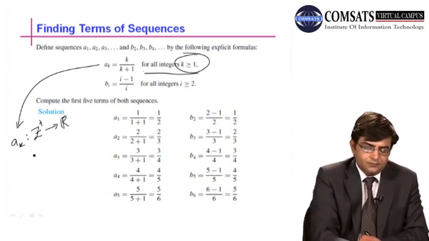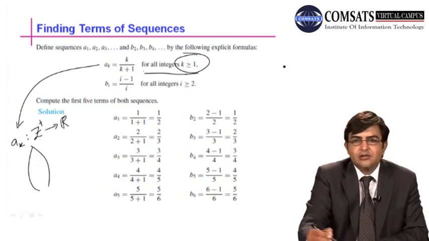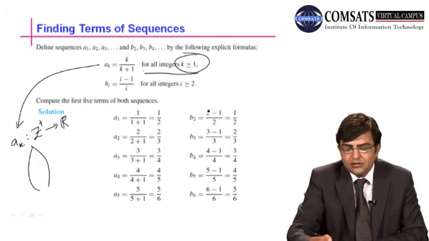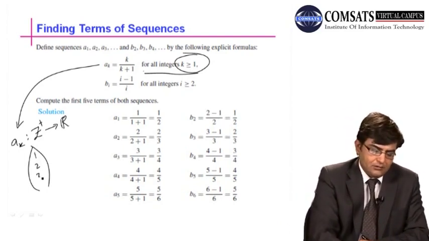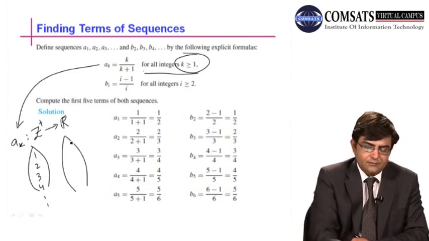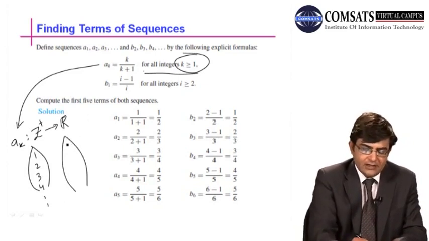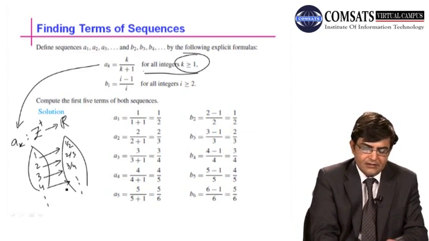Now the domain starts from 1, and includes all the integers greater than or equal to 1, meaning 1, 2, 3, 4 and so on. If we put 1 here, we get 1 by 2. If we put 2 here, we get 2 by 3. If we put 3 here, we get 3 by 4 and so on. So we have a relationship between these numbers.